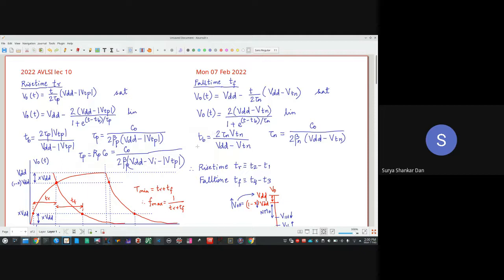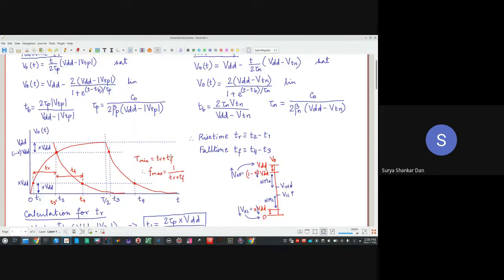Now tell me whether it is correct or not. Notice when we are speaking about the rise time, what is the value of Vi? 0. Excellent. So if we now put Vi as 0, that is the exact value of tau p which we calculated after so much calculation. So this small approximation, this trick which industry is using, is so effective.